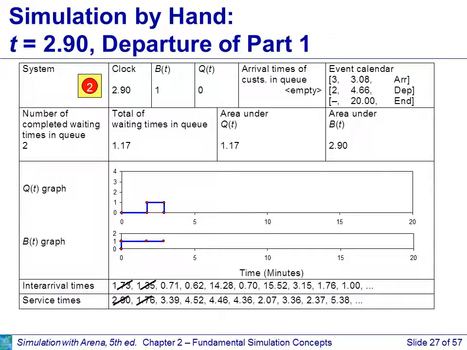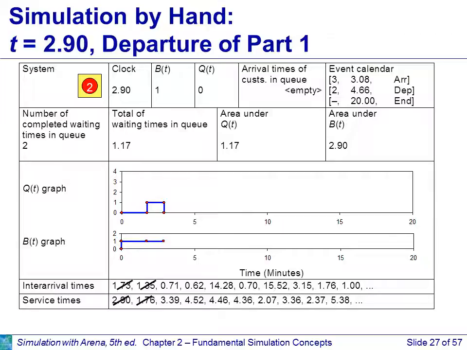So next, part 1 leaves the system at 2.9, and this departure of part 1 also creates the space for part 2 to be processed in the machine.